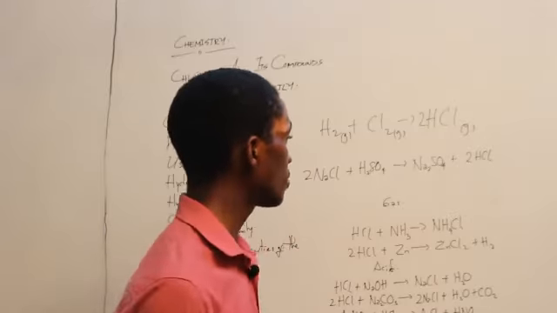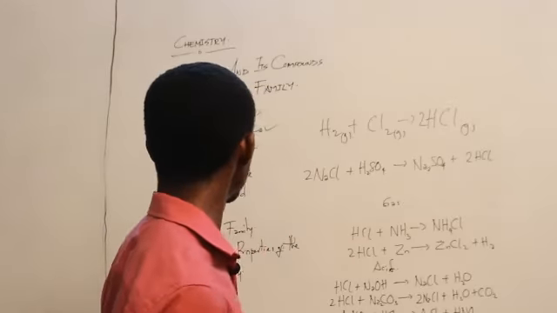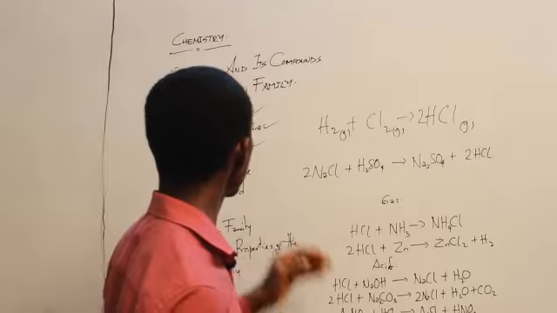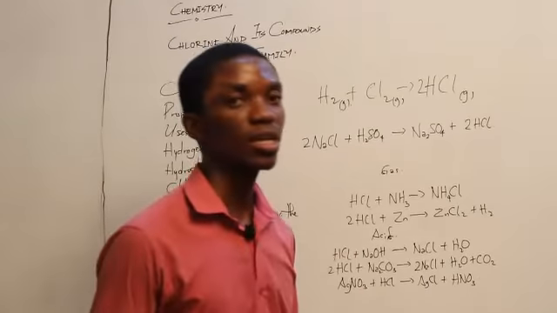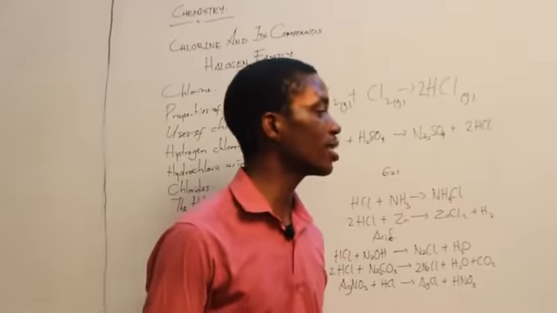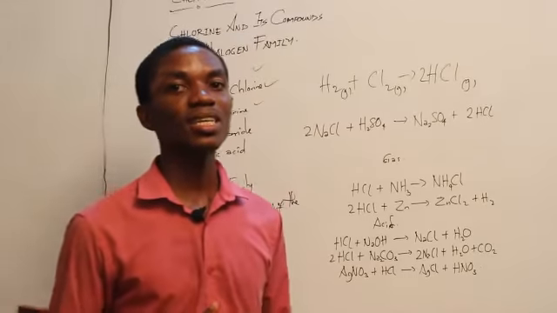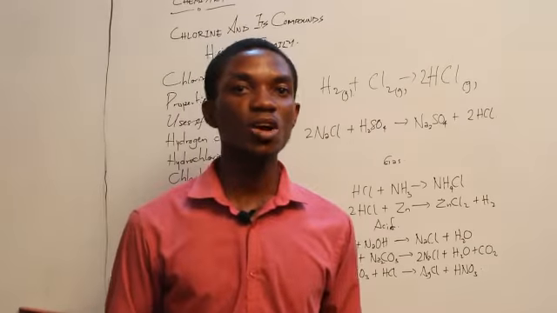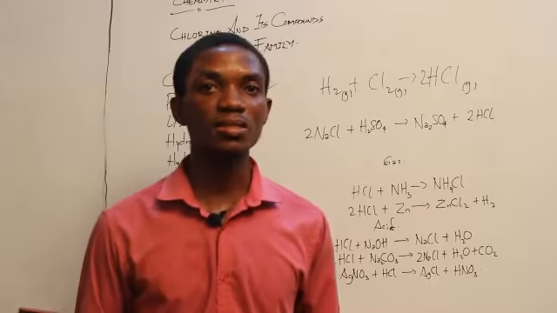All right. So what are the uses of both hydrogen chloride gas and the hydrochloric acid? We find the use of hydrogen chloride gas in the synthesis of chloromethanes.